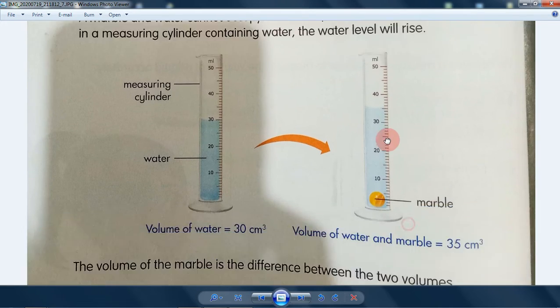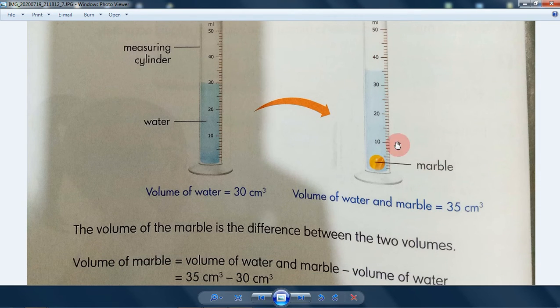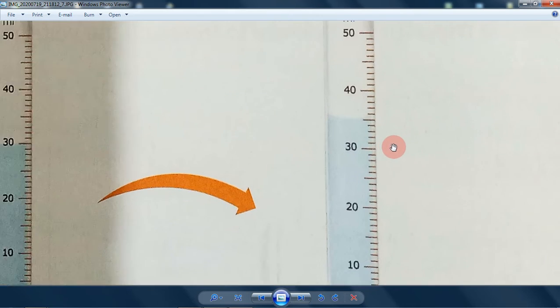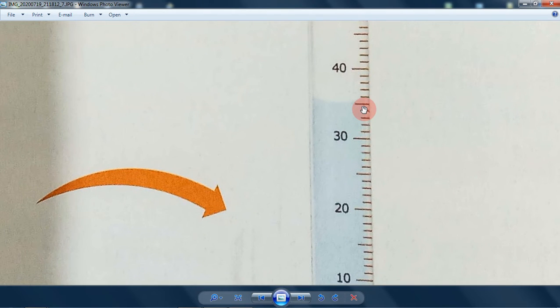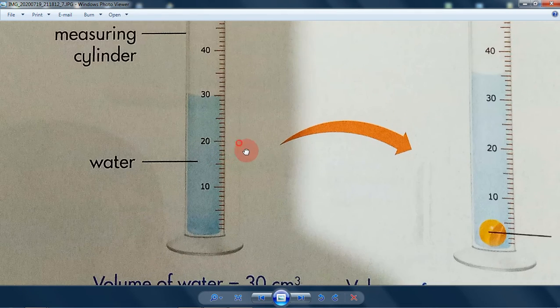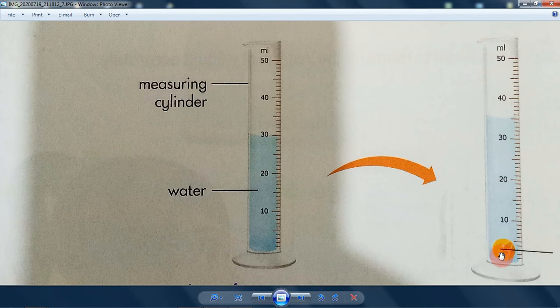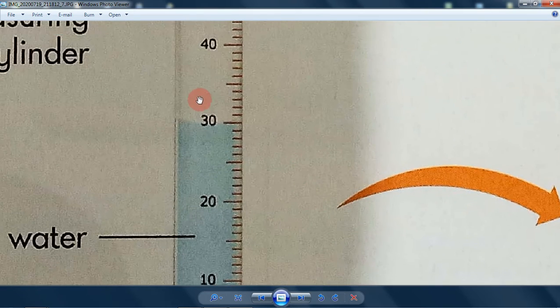If you want to measure, just take the volume of water and the thing that you want to put in here. For example, this example is a marble. Before we put the marble in here, there's 30, and after it is 35.